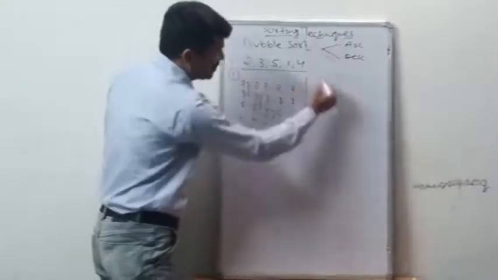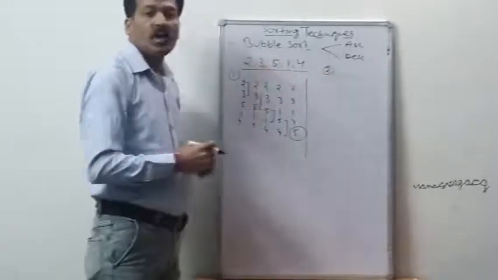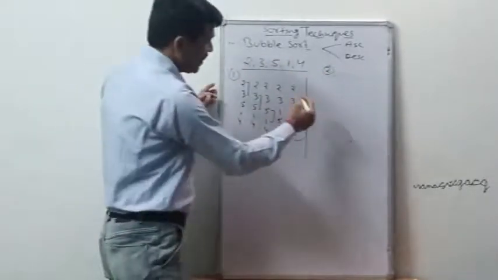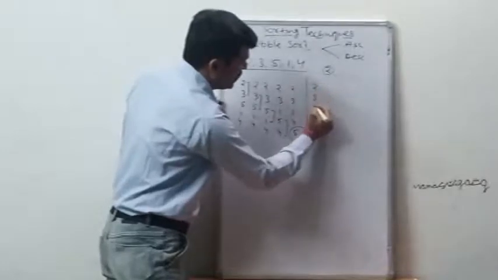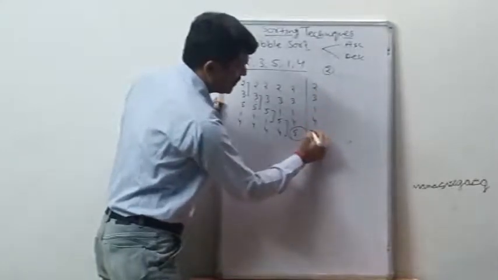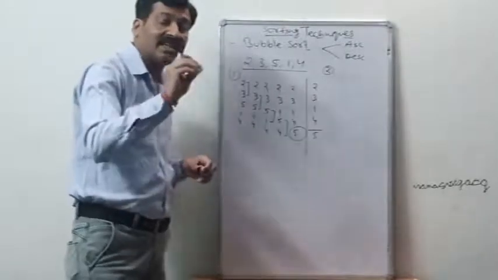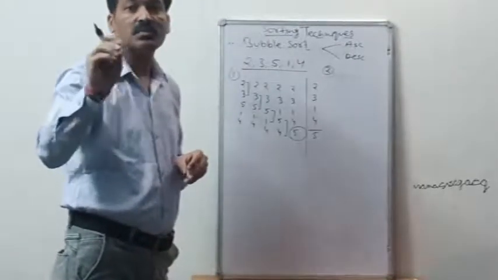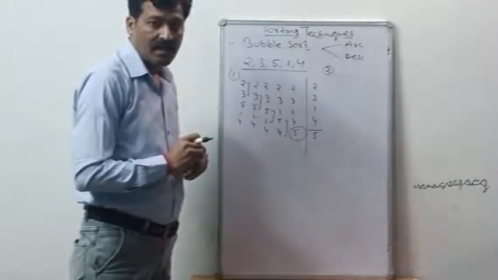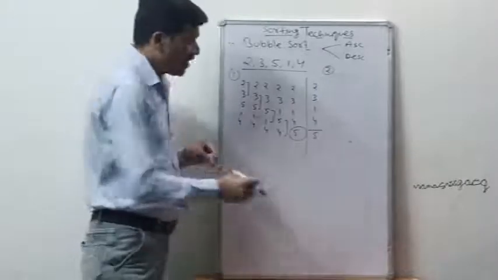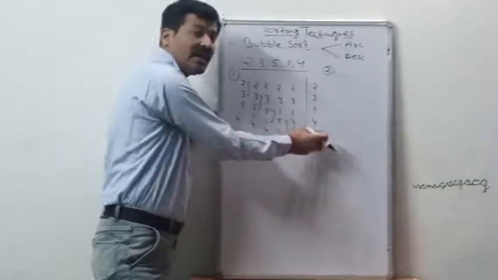In the second rotation of the outer loop, we have the list 2, 3, 1, 4, 5. The condition placed in the inner loop is len minus i minus 1. This condition will catch the greatest element at the end.